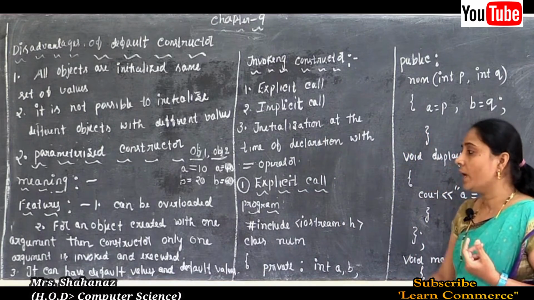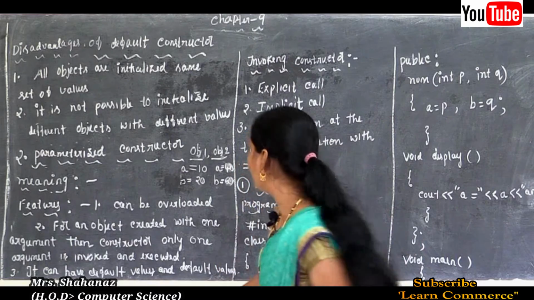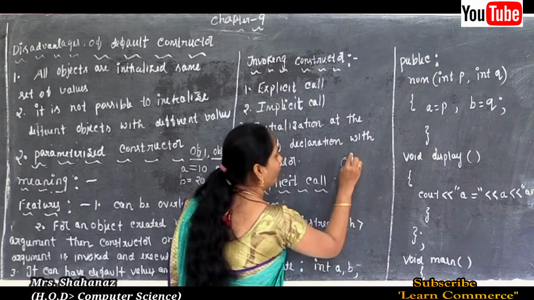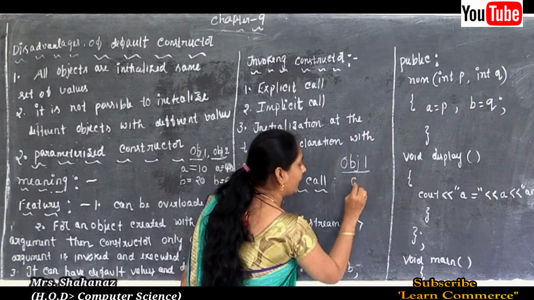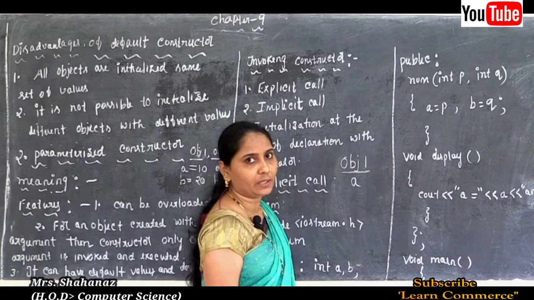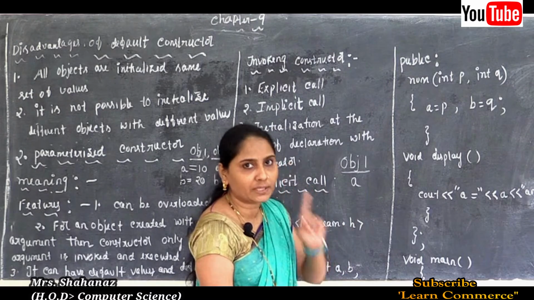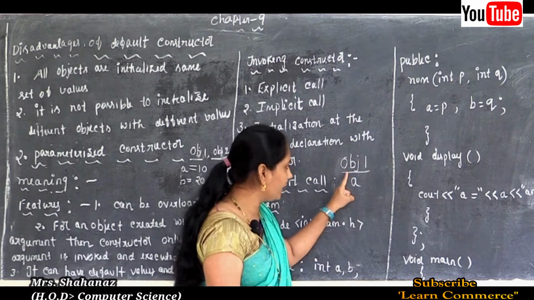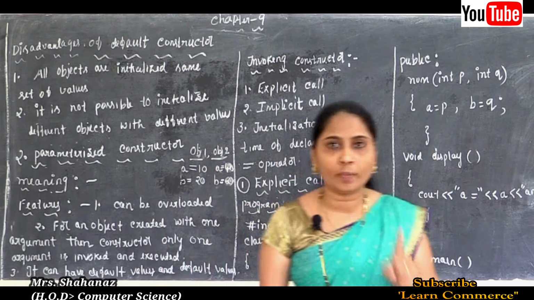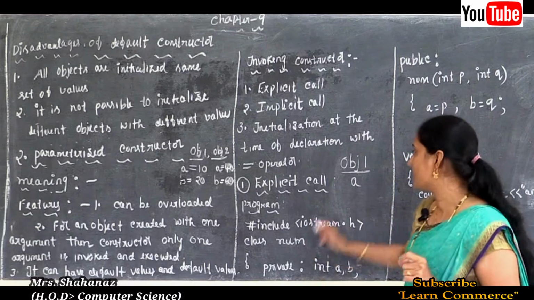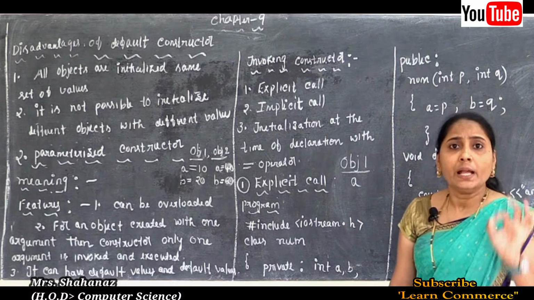The second feature is about an object created with one argument. Suppose we create an object, obj1, and such obj1 contains just one argument, one data variable, which is a in this case.